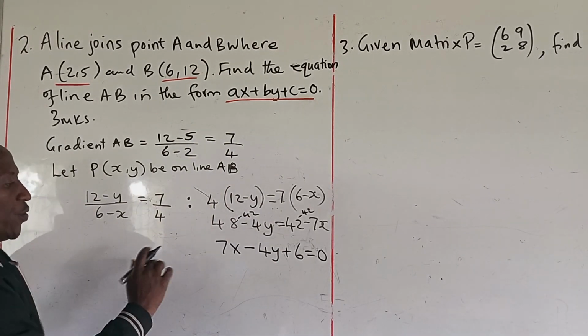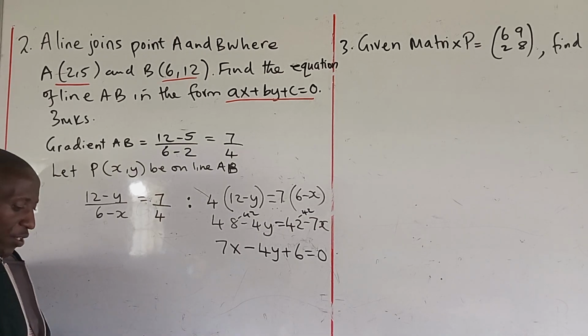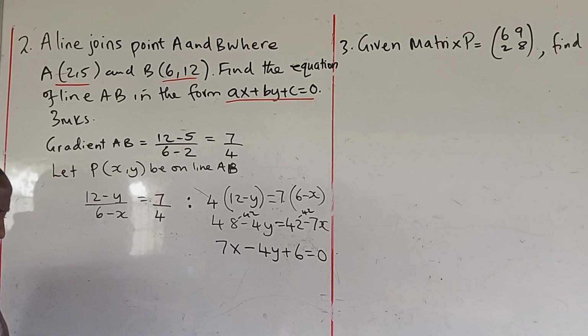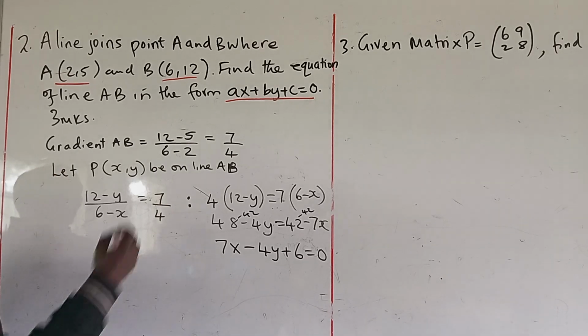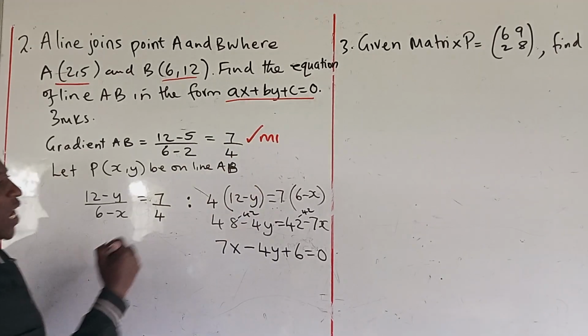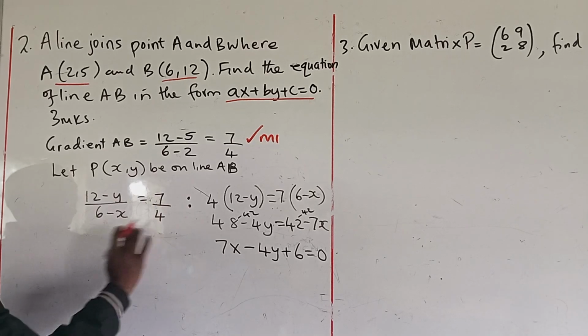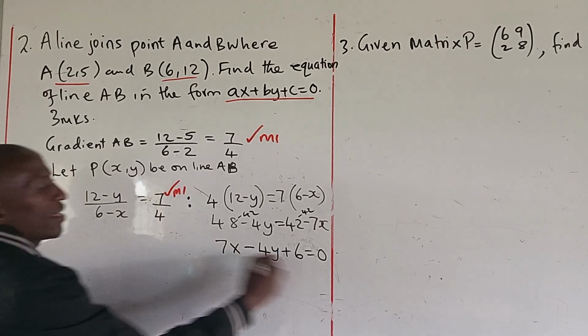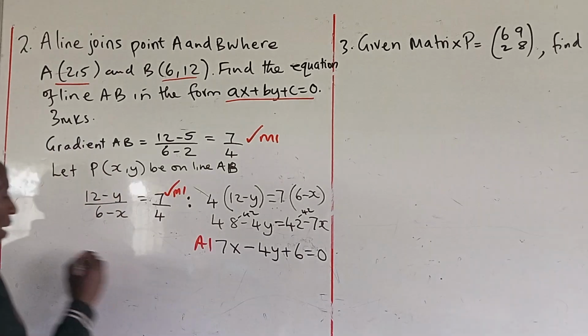Now, I want to remark here that during the marking for such a question, when the student is able to get the gradient, we award M1. This organization here for finding the equation gets M1, and then the final answer here A1.